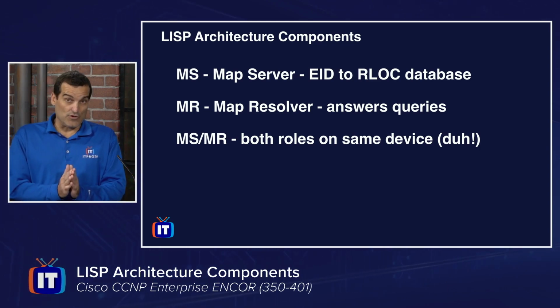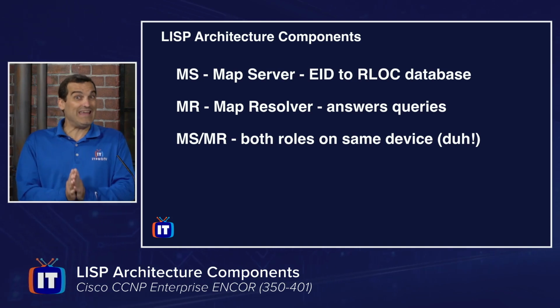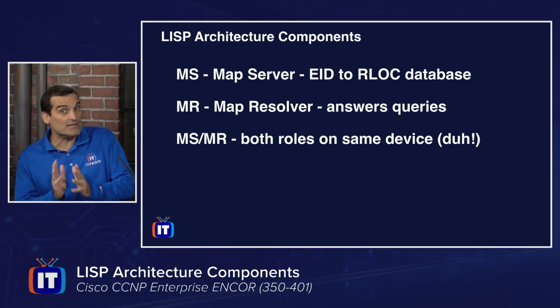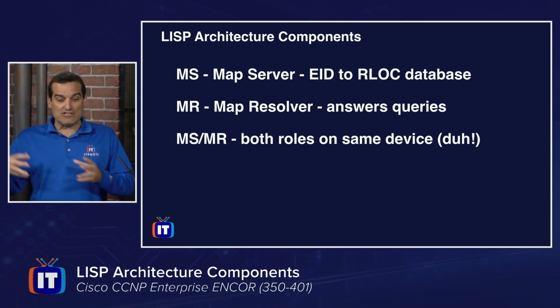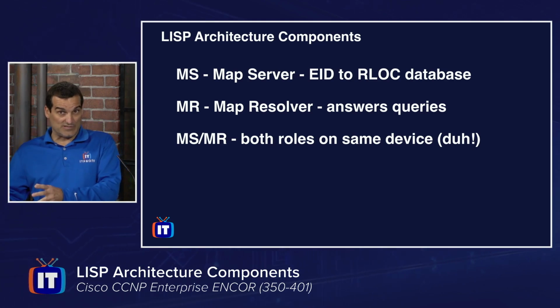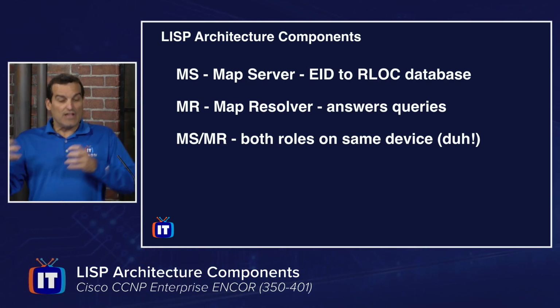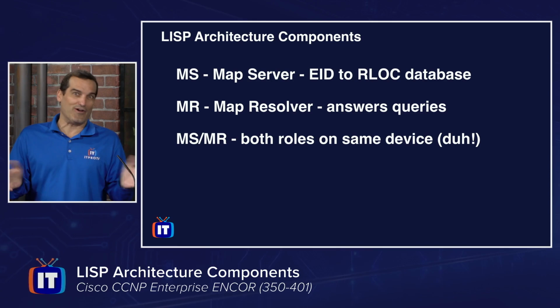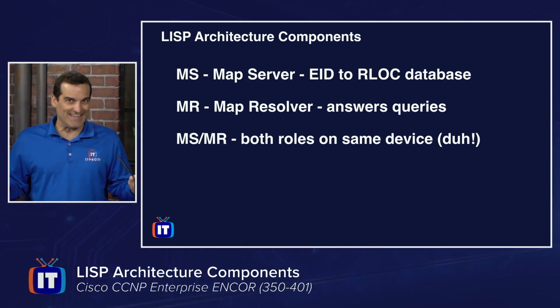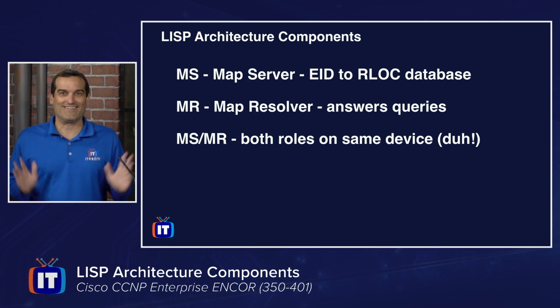Another hint for those of you interested in certification, pay attention to the subtle difference there. One has the EID to RLOC database that we spoke of last time with LISP. The other one is responsible for resolving the queries. Remember, this whole thing works a lot like DNS, which is just mind-blowing compared to how different that is from traditional routing.